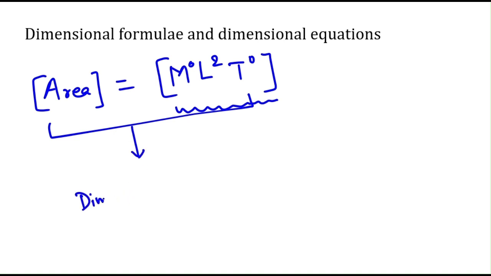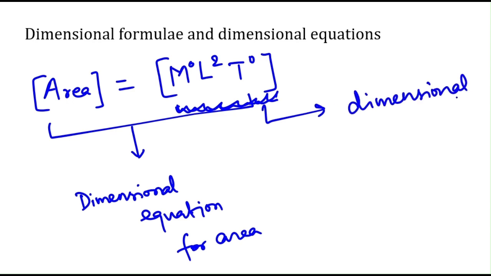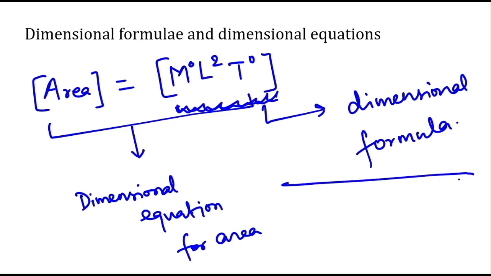So this is the dimensional equation for area, and this much only is called the dimensional formula for area. In this way, you can extend the discussion to other physical quantities also.